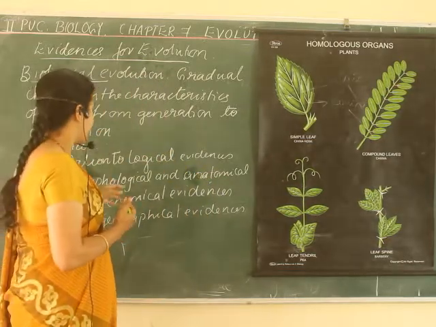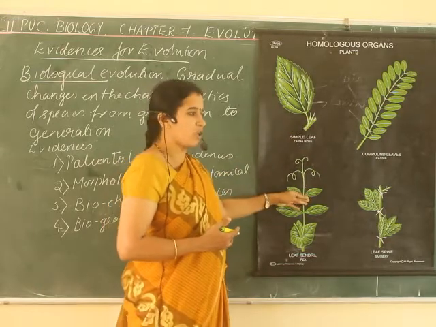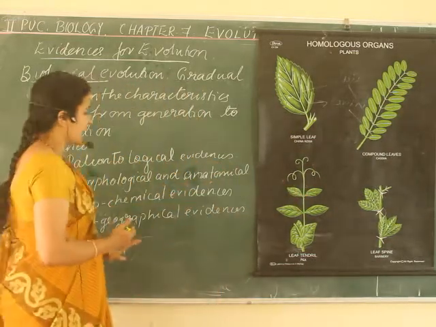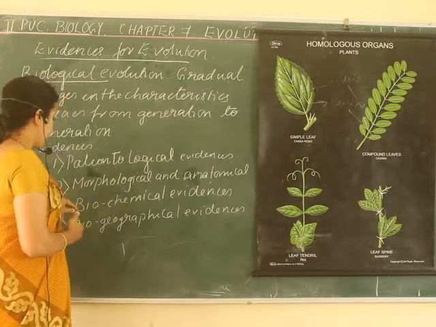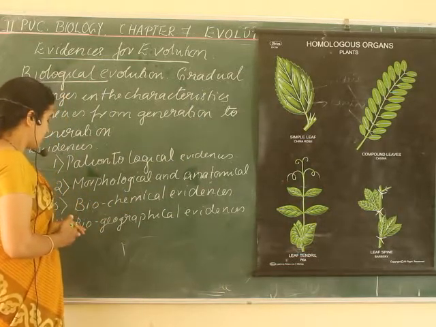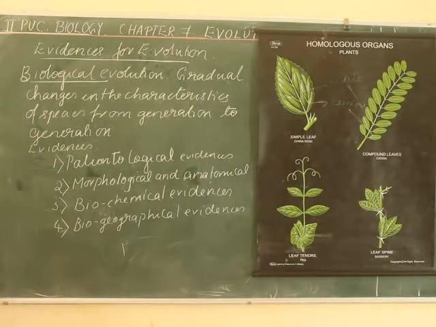In this, we'll understand homologous organs and analogous organs in plants as well as in animals. Then biochemical evidences, and also biogeographical evidences. So these are the evidences for biological evolution.